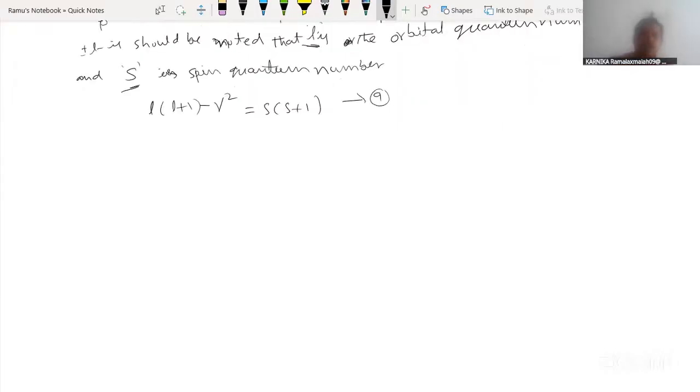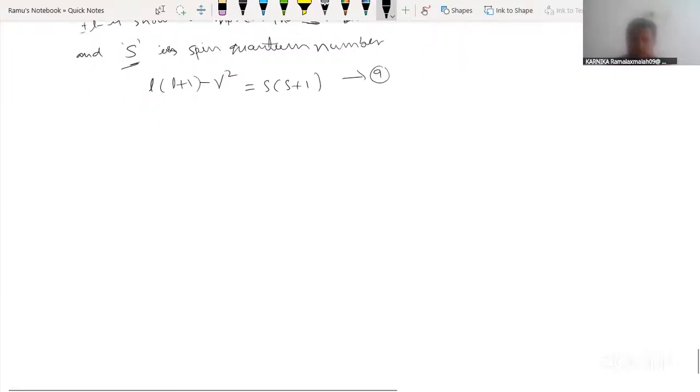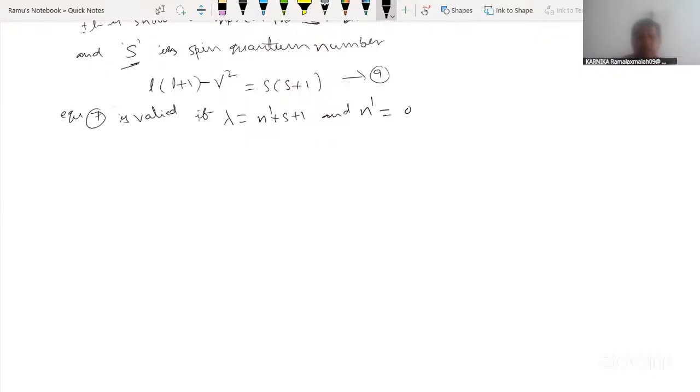Here equation 7 is valid if sigma is equal to n dash plus s plus 1, and n dash is equal to 0, 1, 2, and so on.